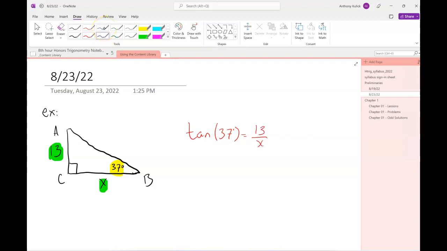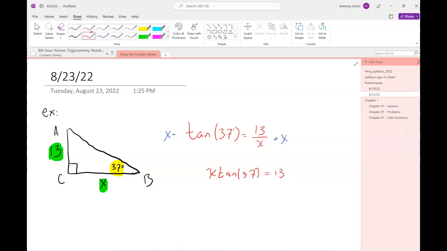Geometry is now finished. It's algebra time. So to get the x by itself, what should I do first? Multiply both sides by x. Thanks, Braden. So I'm going to have x times tan 37 equals 13.